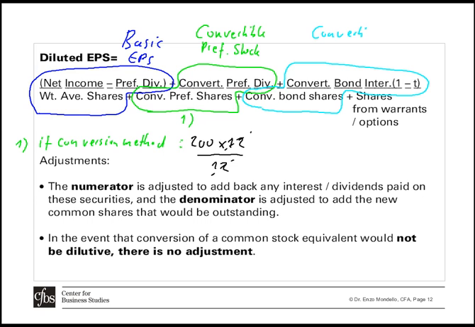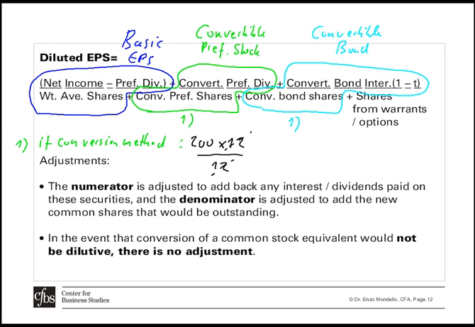First of all, you have to know that with the convertible bond, if it is dilutive, that means if its inclusion will lower the EPS figure, then we have to assume that the conversion of the convertible bond took place again at the beginning of the period. So we have to assume the if-converted method again, same as we have already taken for the convertible preferred stock. So that's the adjustment in the denominator: we are assuming that the bonds are converted at the beginning of the accounting period.